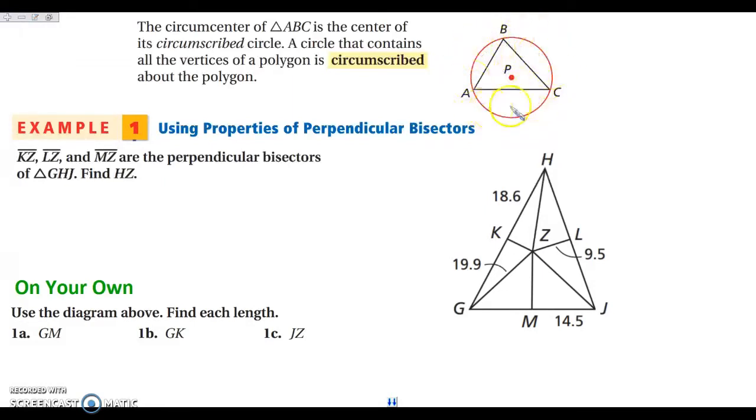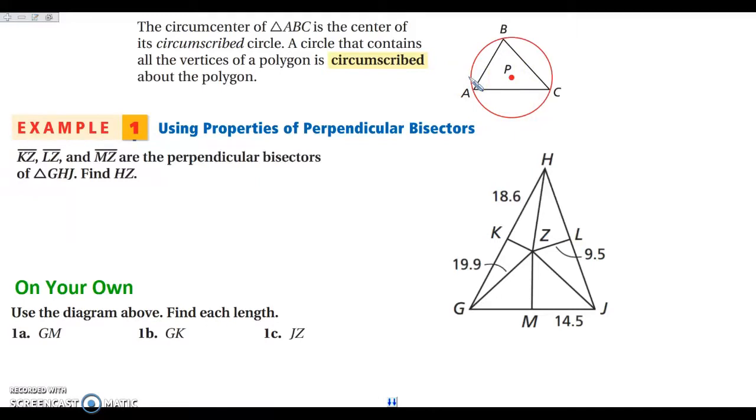It is said that this circle is circumscribed about triangle ABC. And the center of that circle is your circumcenter. So your circumcenter is the center of circumscribed circles. It's kind of a lot, but the words all sound very similar. So that's why it is the circumcenter.